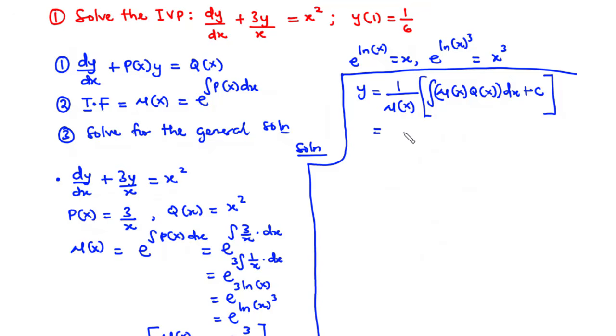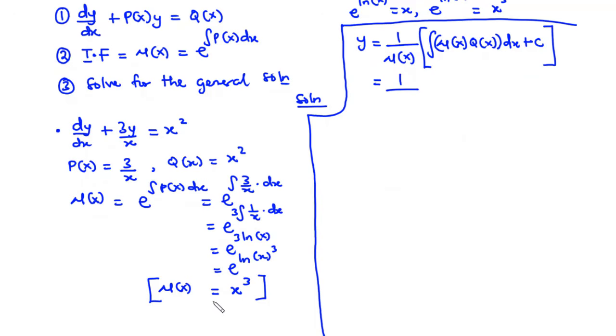So let's put in the expressions for mu of x and q of x. That's going to be 1 over x cubed times the integral of x cubed times x squared dx plus c.